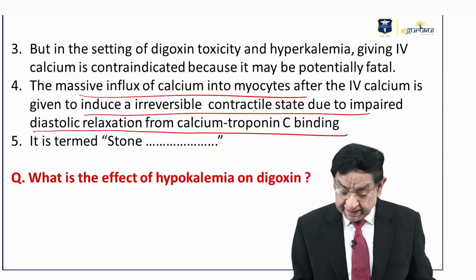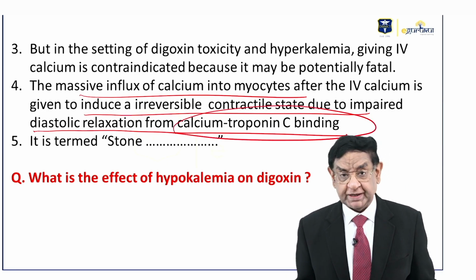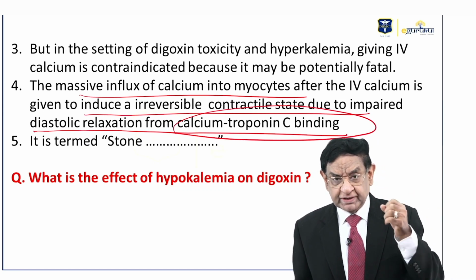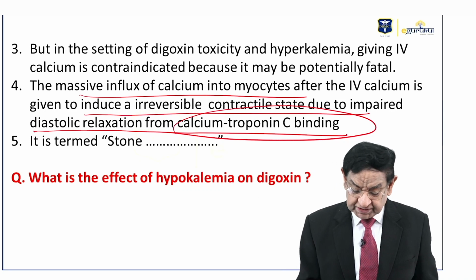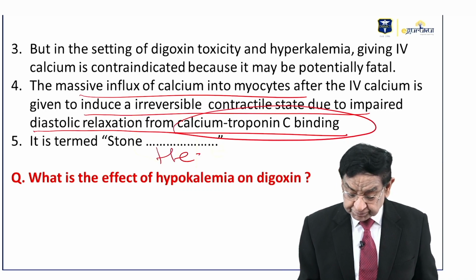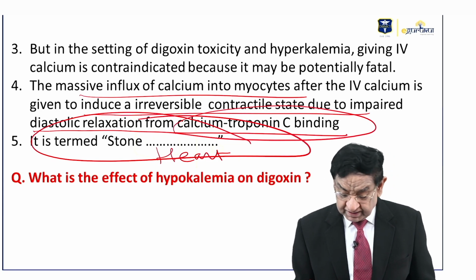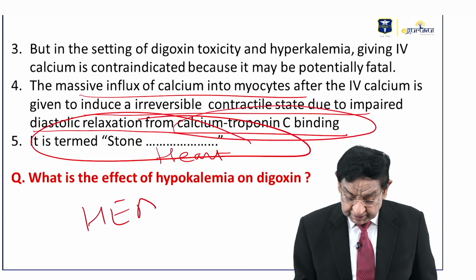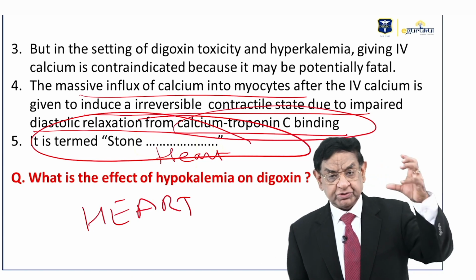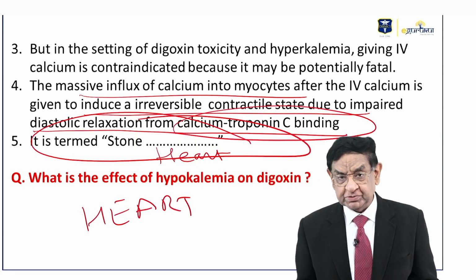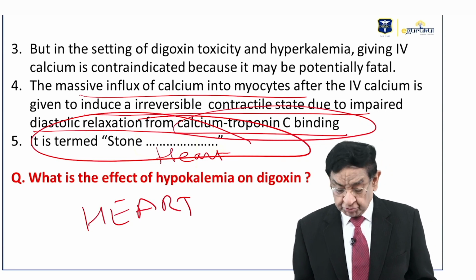This is a contractile protein. It will keep on always contracting, so it will not relax, and this is known as stone heart. Stone heart is the heart, just like stone, the cardiac tissue is always contracting with no relaxation.